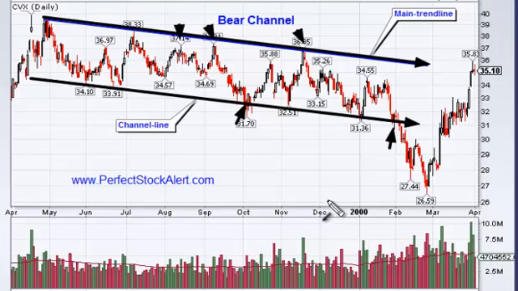You can get a price target for how low you expect it to go once it has broken down by simply taking the distance between the two trend lines and subtracting that from the breakout point. Again, targets are only to be used as targets. They're not set in stone, so keep your wits about you, but it gives you some idea of how low you expect price to fall.